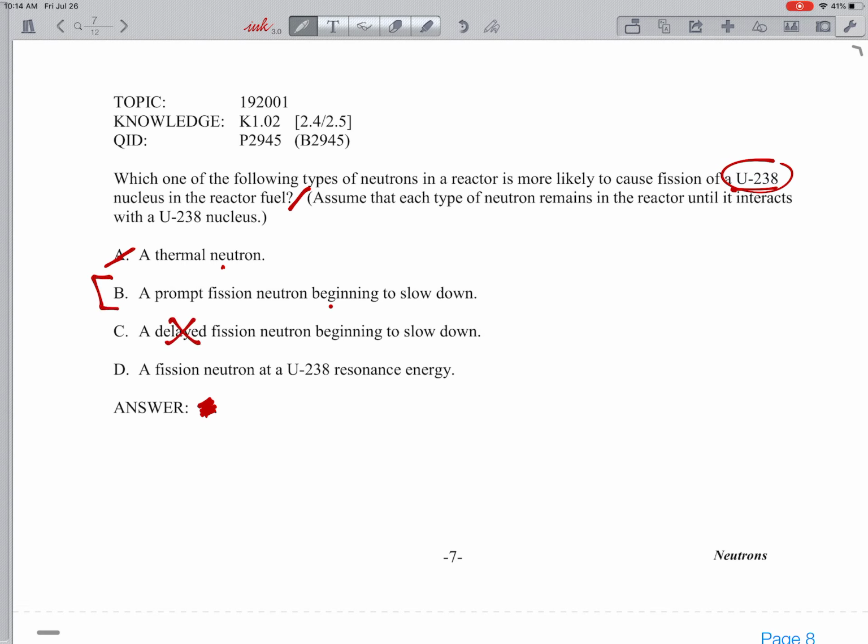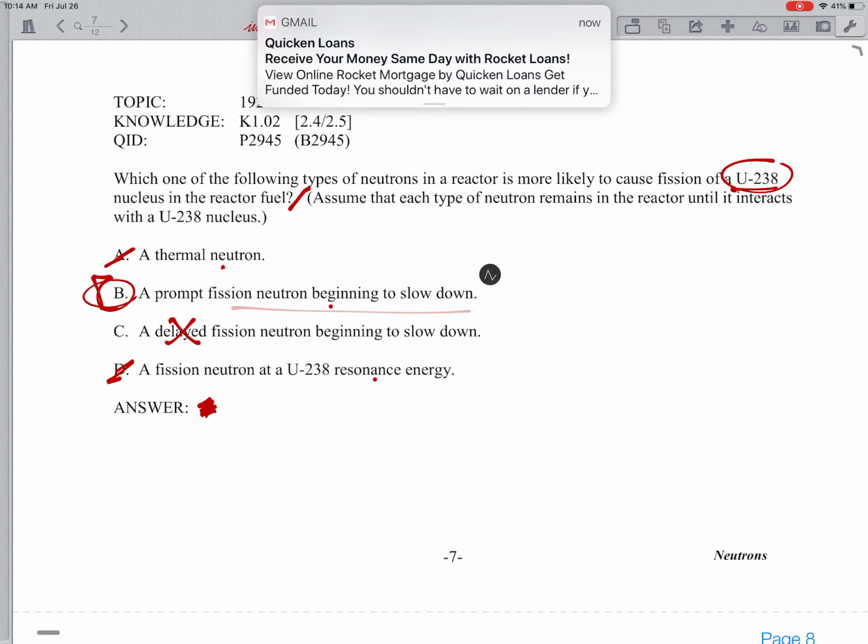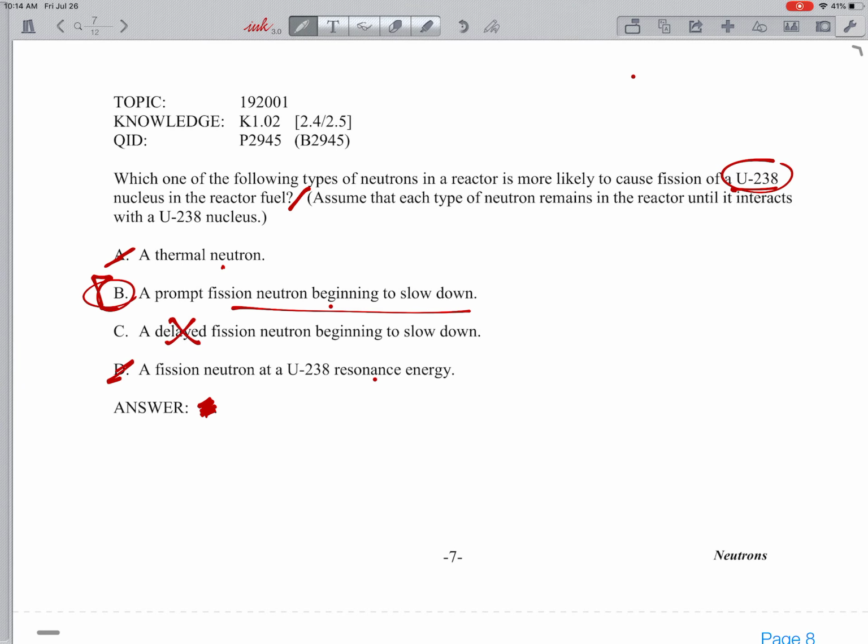It's not going to be a delayed fission neutron, or a fission neutron at U-238 resonance energy. It just doesn't happen often enough. B, a prompt neutron beginning to slow down. It's going to be B, prompt neutron. More likely to cause a fission of U-238, so remember that, okay?